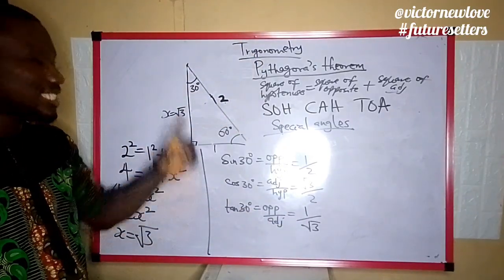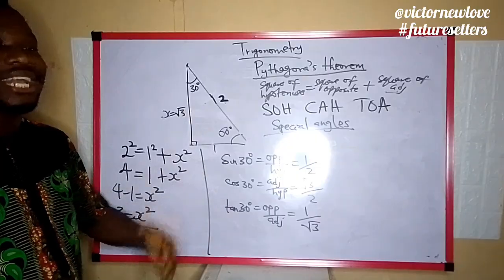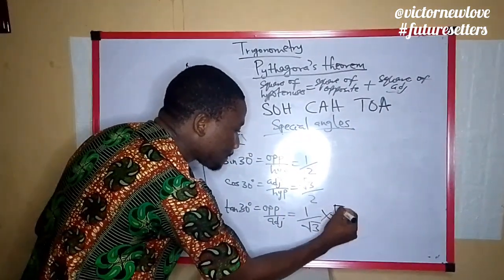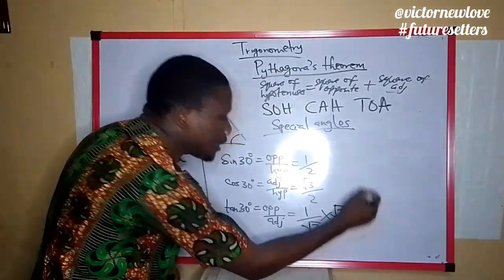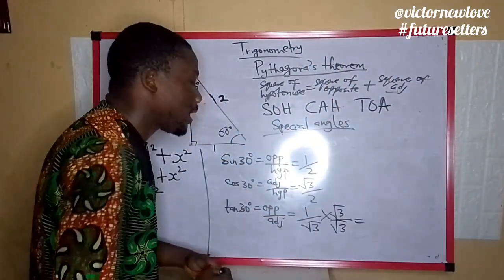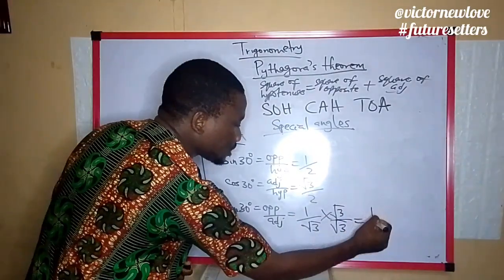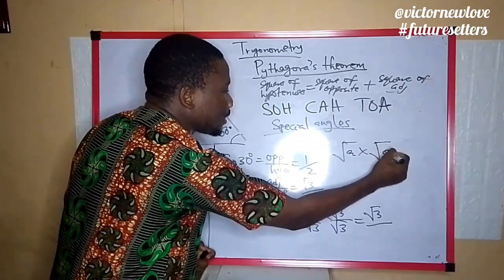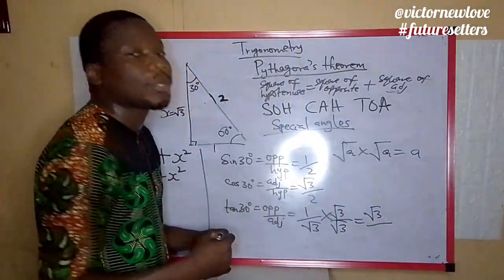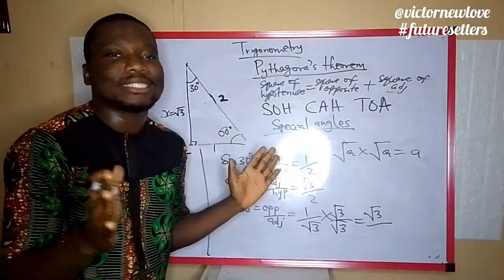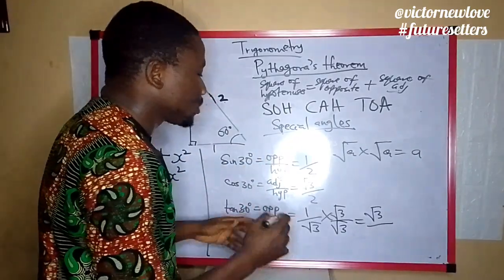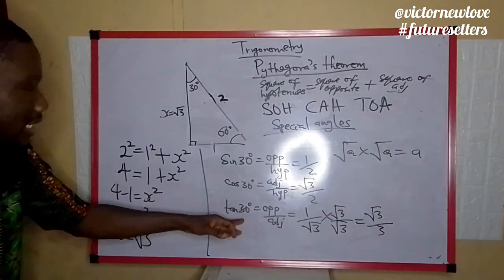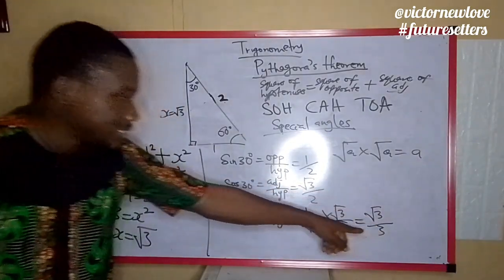So you multiply the numerator by root 3 and the denominator by root 3. 1 times root 3 gives us root 3. Like I said in SOD, root A times root A is equal to A. The square root will leave because we have the same numbers inside. So root 3 times root 3 gives us 3. That means our answer to tan 30 degrees is root 3 over 3.